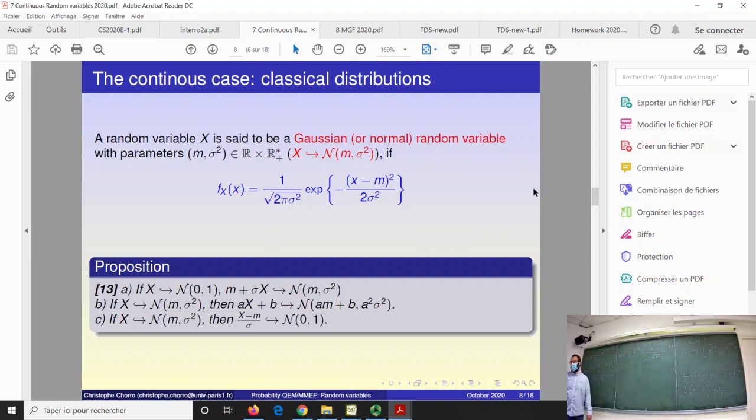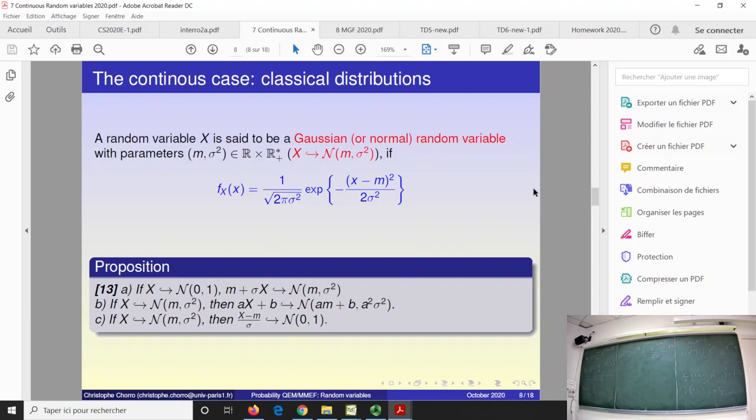What is this integral? It is 1, because you take, in the blue formula in the slides here, m equal to t and sigma squared equal to 1.